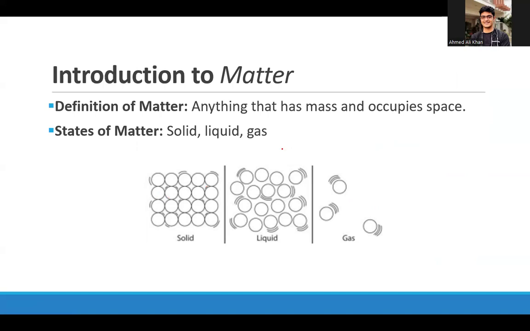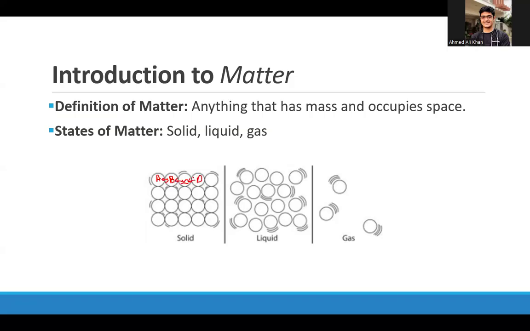Any matter consists of particles, and that particle can be an atom, a molecule, or an ion. Intermolecular forces are the forces of attraction that exist between the particles in the matter. For example, if you label this particle A, this particle B, this C, and this D, the force of attraction that exists between these particles is known as the intermolecular force.